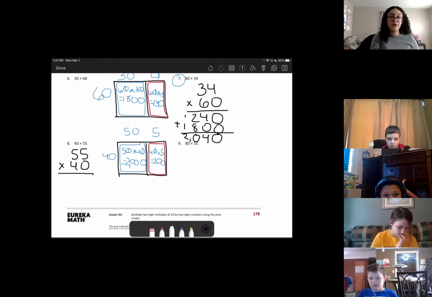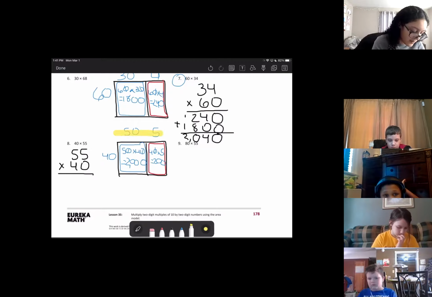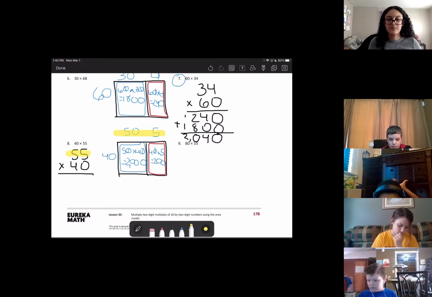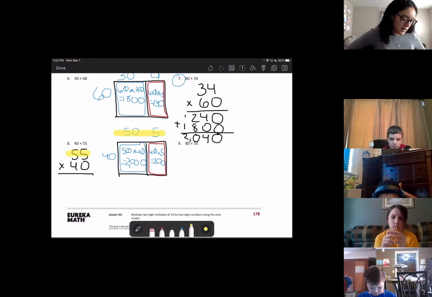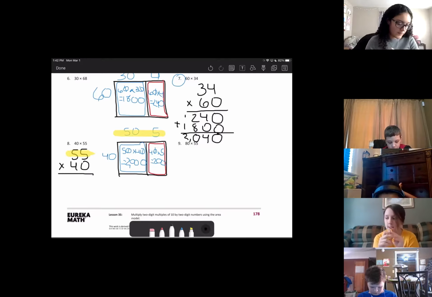So when we write our problem vertically, when we use our area model to look, our side on the top, the length of our rectangle, is on the top when we write it vertically. Does that make sense? Does that help you remember which way we're going to write it? Yeah. All right.